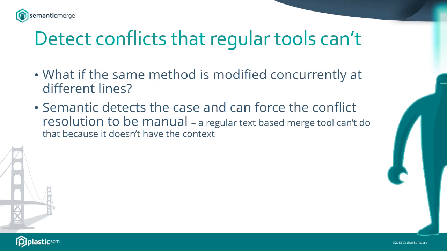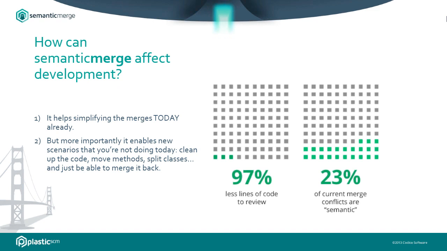So this is a little bit of some numbers about some tests we ran. We tested about 15,000 repositories coming from GitHub, replaying all the merges there, and we found out that normally with Semantic you have to review 97% of lines of code. It's just a number there.